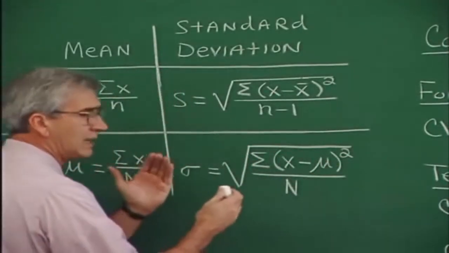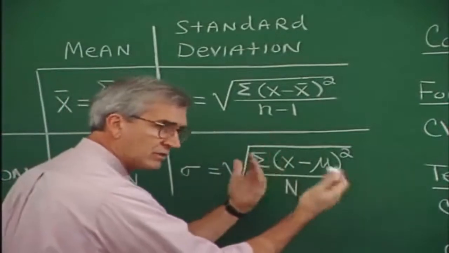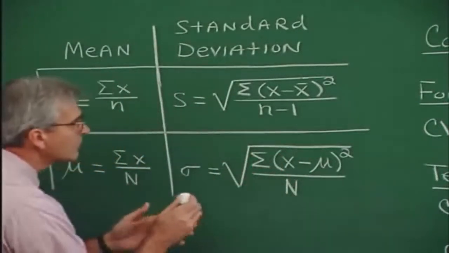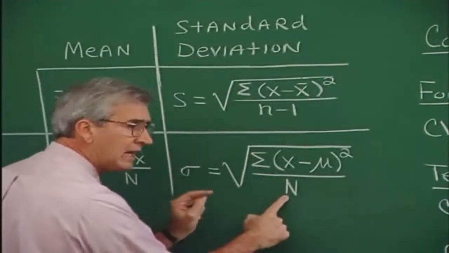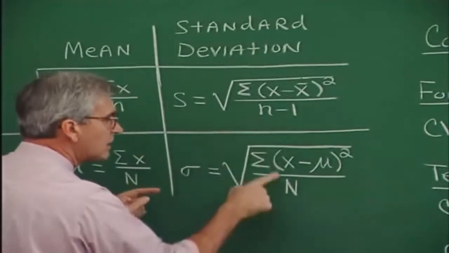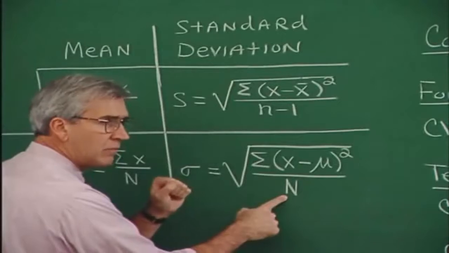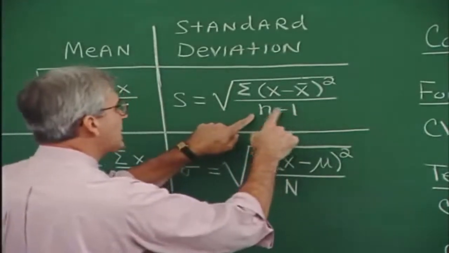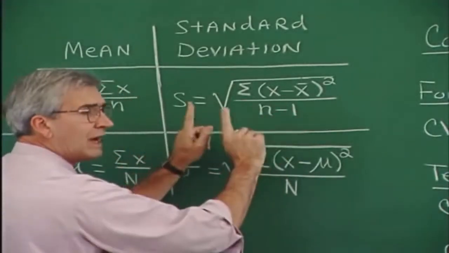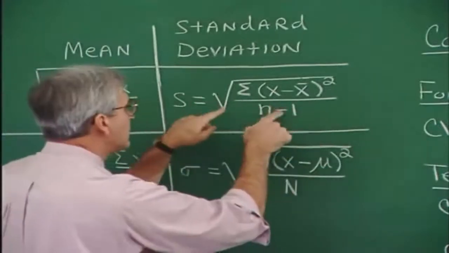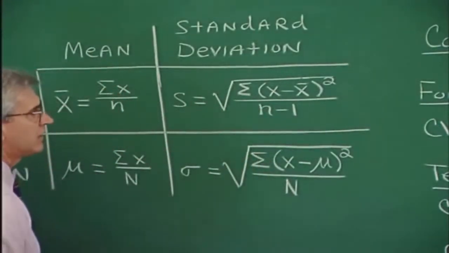So again, it's the sum of squared differences or distances. And then we're dividing, though, by n, and that's probably the most significant difference between these two formulas. Here we're dividing by the number of items in the population, and here we're dividing by n minus 1, the number of items in the sample less 1, for the sample standard deviation.